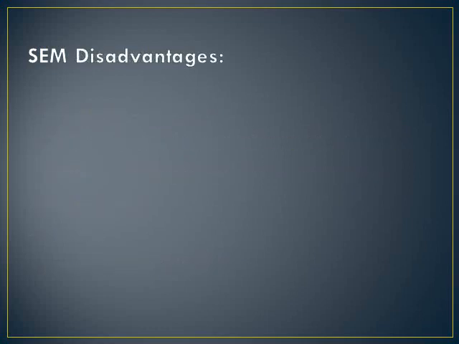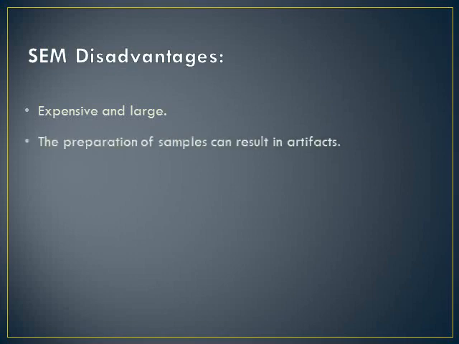Disadvantages. The disadvantages of a scanning electron microscope start with the size and cost. SEMs are expensive, large, and must be housed in an area free of possible electric, magnetic, or vibration interference. Maintenance involves keeping a steady voltage, currents to electromagnetic coils, and circulation of cool water.